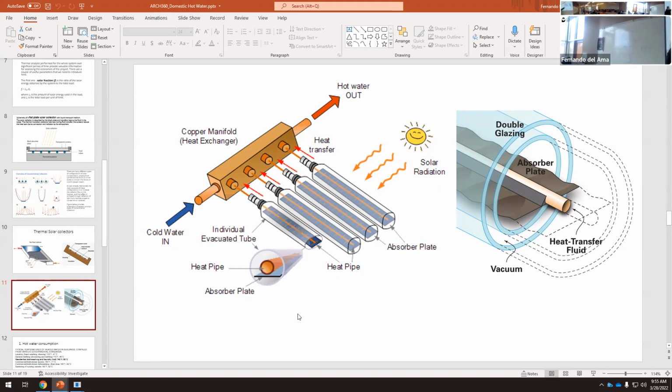Well, it can be flat, like an absorber plate. It can be this parabolic mirror that I told you. But the thing is that the fluid that we have here is different than the water. So here we have the cold water, and then we have the hot water there, because it's taking the heat from the fluid that we have in this tiny cylinder here. So that's the technology.